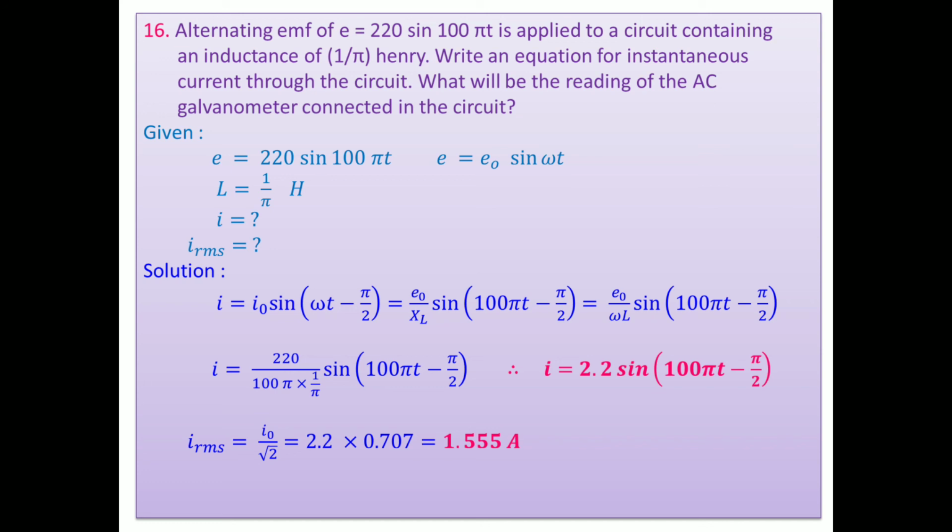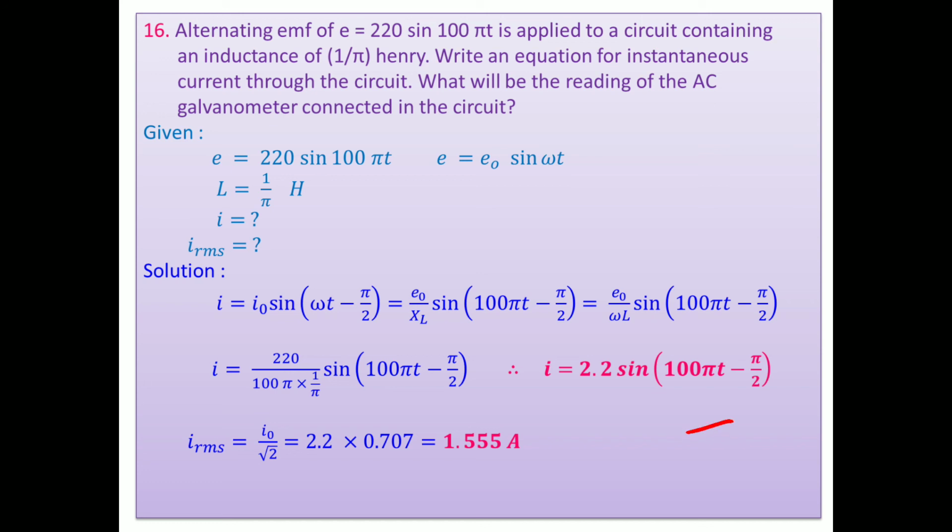Then substituting the values, E naught is 220, upon 100 pi L, sin 100 pi t minus pi by 2. After calculation, pi gets cancelled, and 220 upon 100 means 2.2 sin 100 pi t minus pi by 2. This is your answer for the equation of the current.